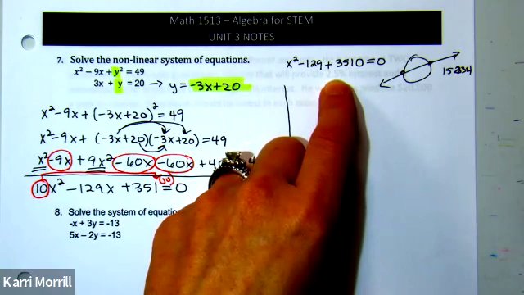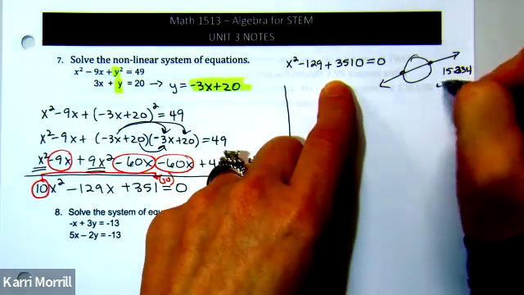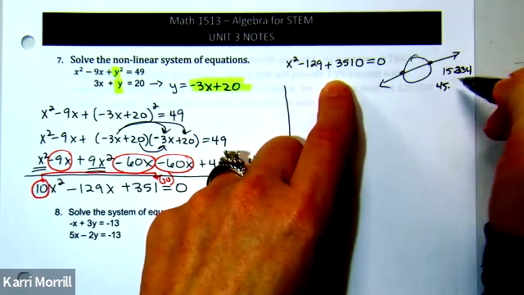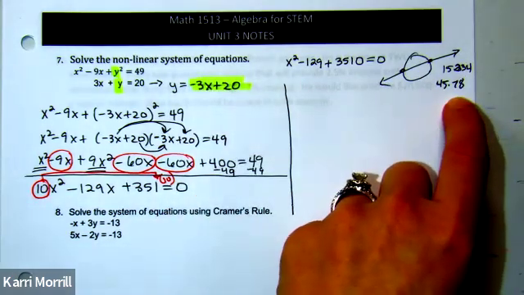Well, what could we divide it by? 45 and 78. And so that's not going to work. I've already done this one before, but I don't remember the factors.